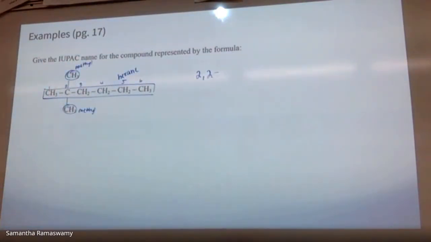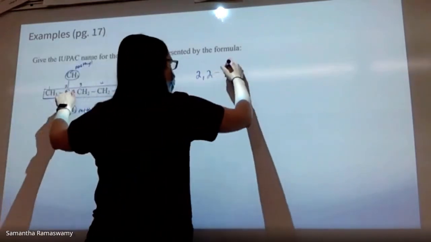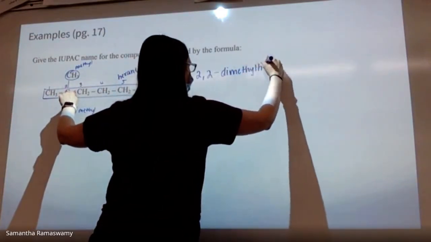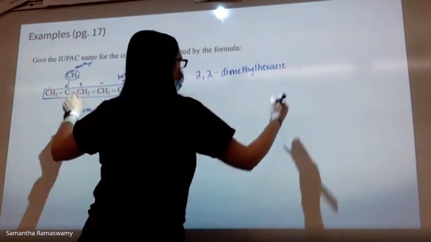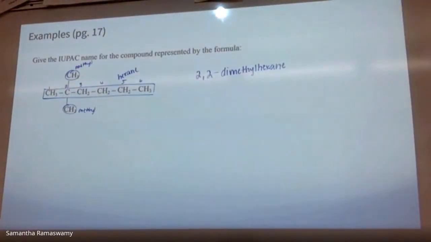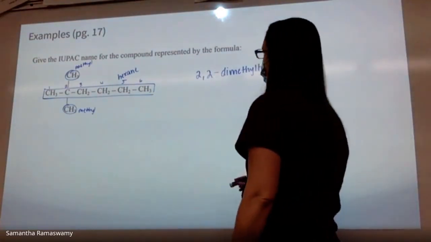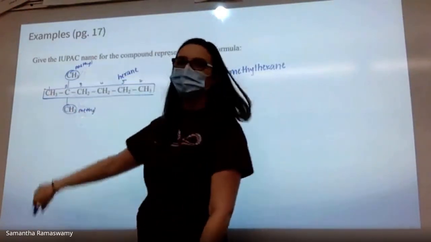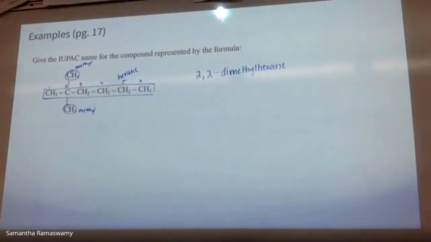Because that tells me that even though I have 2 methyl groups, they're both off of this second carbon. So then we will have dimethylhexane. That's what our name will look like. 2,2-dimethylhexane. Because there's a methyl group here and here, so since there are 2 methyl groups, we'll do dimethyl.